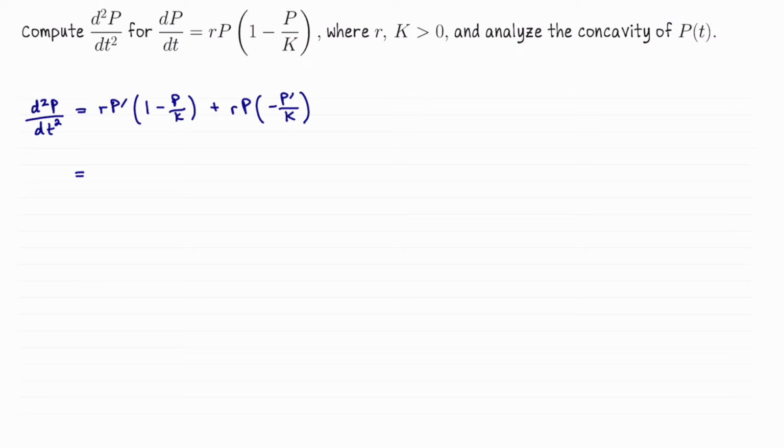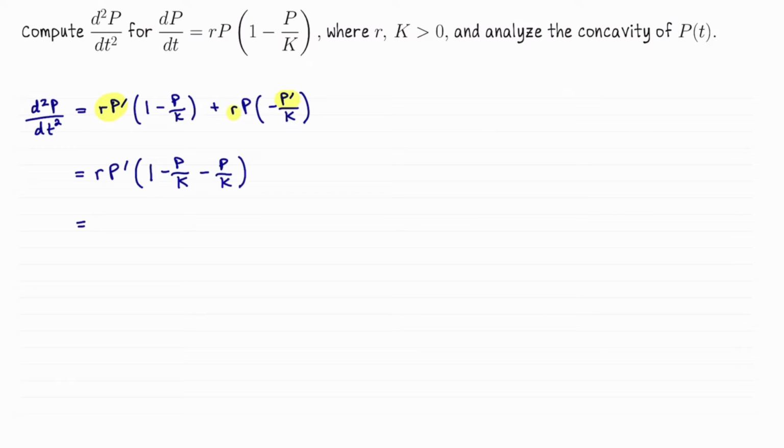There are different ways you could proceed algebraically here. You could just expand everything and then look for like terms or cancellations. What I'm going to do is pull rp prime out of both of these terms. So let's have rp prime times 1 minus p over k minus p over k.